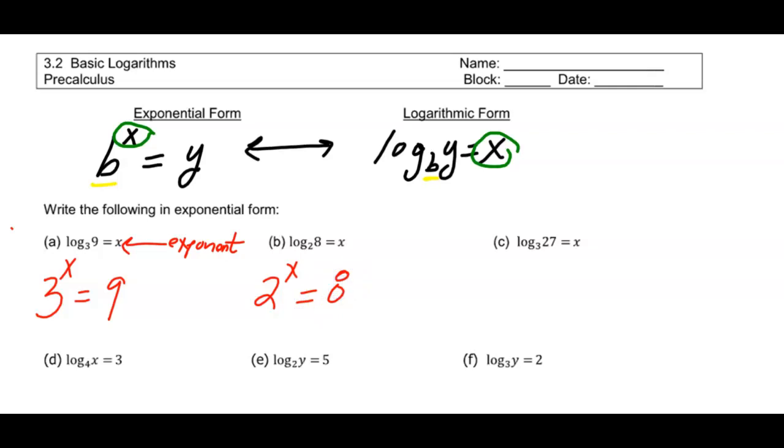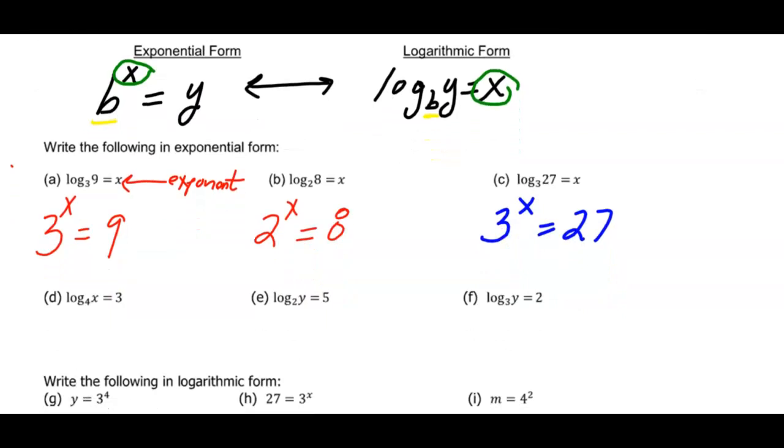Why don't you pause the video, try to fill in C through F, and come back and see if you got them right. Hopefully you tried these on your own. Here are your answers. For letter C, 3 to the x equals 27.